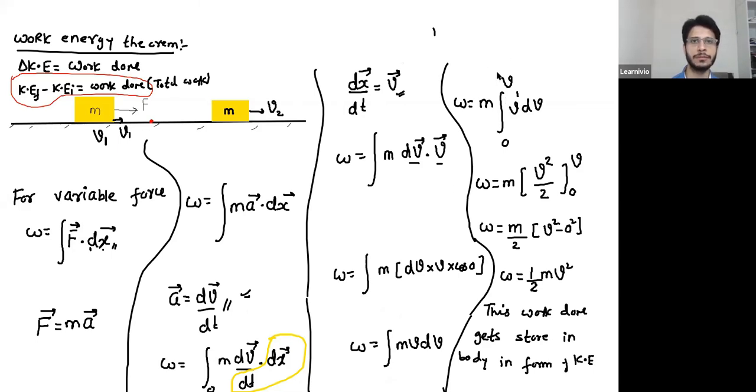Otherwise, everything is the same. So the limit is from v1 to v2.